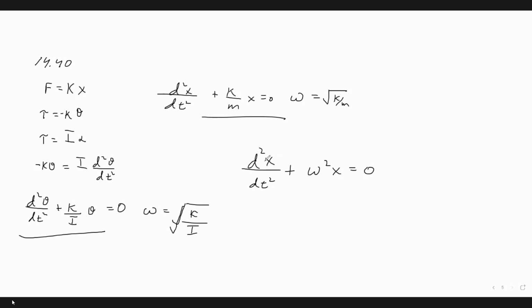So this x could be a theta or a y or a z or anything at all. Okay, so if I know omega, which tells me f, and omega is equal to 2 pi f. If I know omega and I know I, then I know kappa, but it's a disk, so I is 1/2 mr squared.